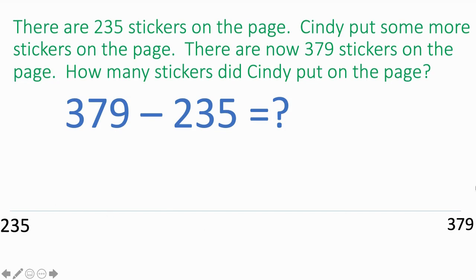But I'm going to go backwards because we are subtracting, so we are going to subtract together. So if I were you, I would start at 379. I would take away however many hundreds, tens, and ones until you stopped at 235. Okay, so pause the video and see if you can do that yourself.